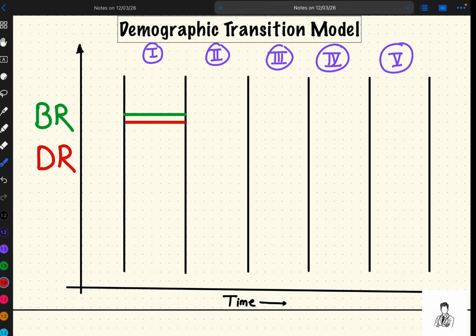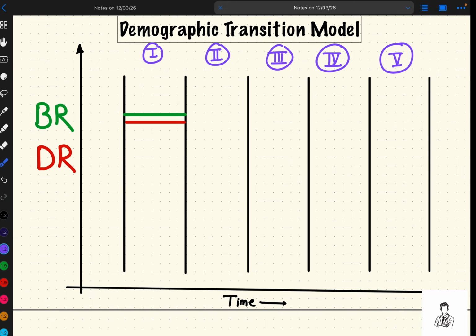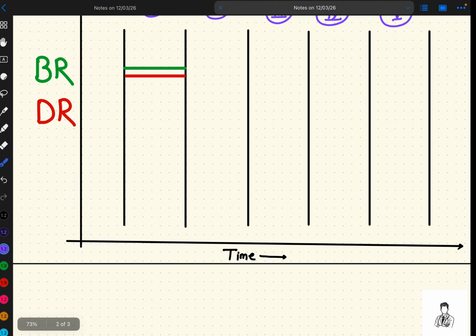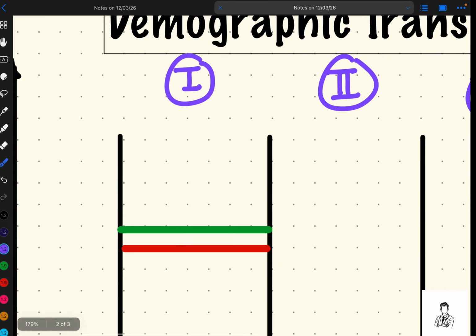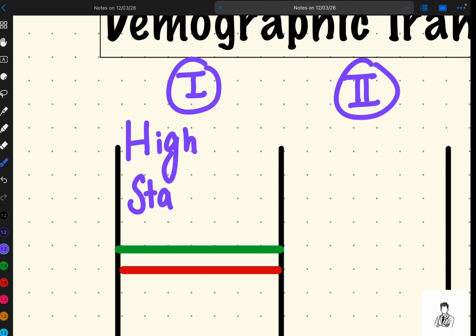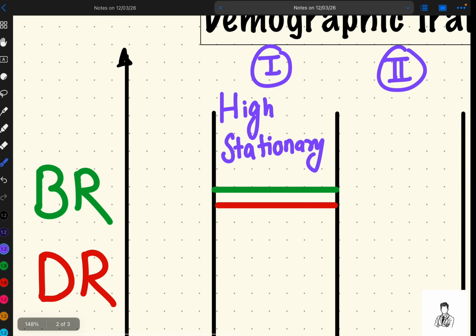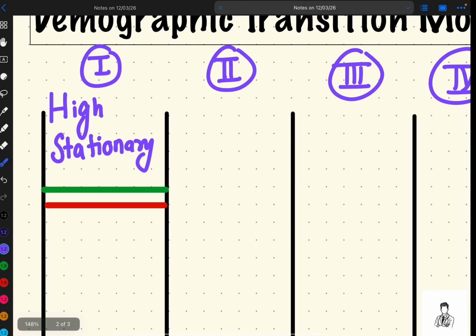What do we name this stage? This is called high stationary. As we have seen, birth rate is constant and death rate is constant in this first stage.